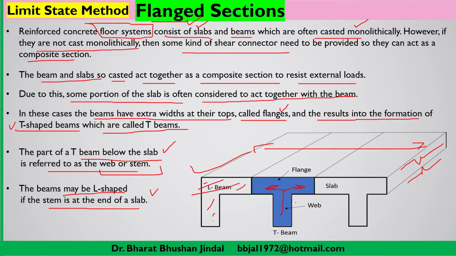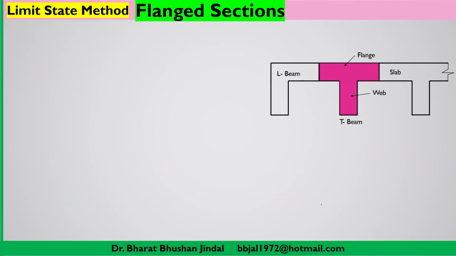This vertical portion is known as web, and the topmost portion, which is part of the slab, is known as flange. Similarly this is also a T beam. So in this diagram one L beam and two T beams are shown. The same diagram will be referred to throughout the lecture. So this is the L beam, T beam, flange, web, and slab.